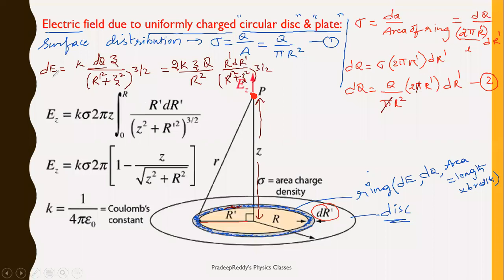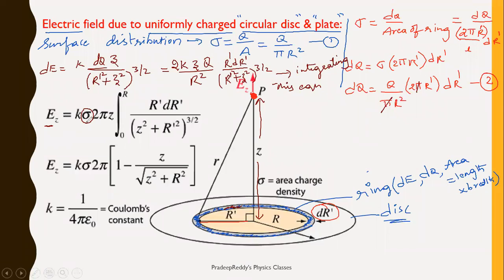Now, in order to find the field, what you need to do? You need to integrate this total. So integrating this equation, all constant terms you bring out. All constant terms, when you bring them out, will be 2 pi z k into sigma. What is sigma? Here Q by pi r square, you can represent it with sigma. If you are not cancelling pi, then this total becomes sigma.